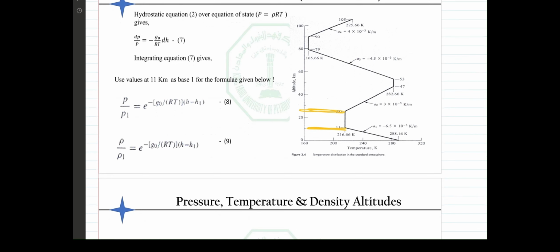So here are the conditions for the altitude from 11 to 25 kilometers. This equation relates pressure to the height, and also here the density.